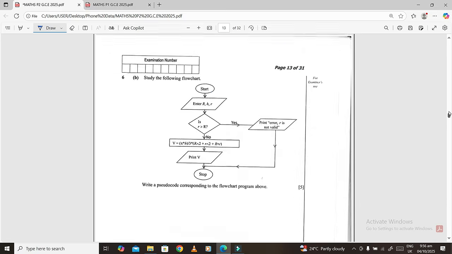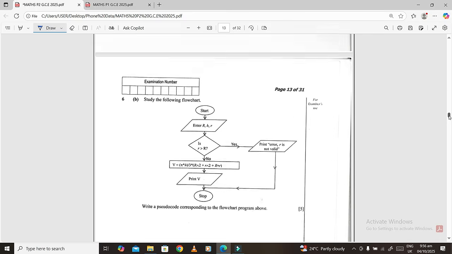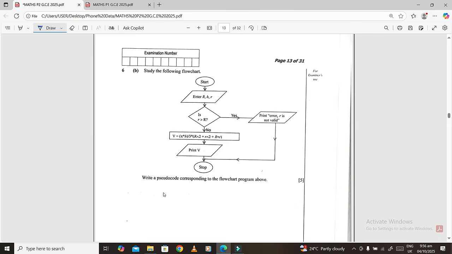We go to computer now. So for computer here, we're going to say start. Just copy what is here and then enter, copy what is in here. Enter capital R, comma, small letter h, small letter r. And then here we're going to say if.